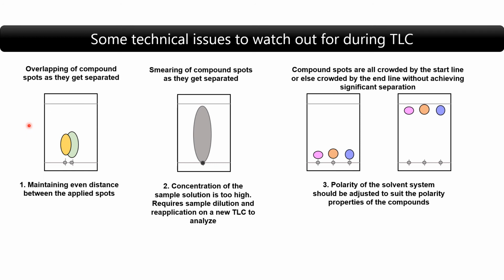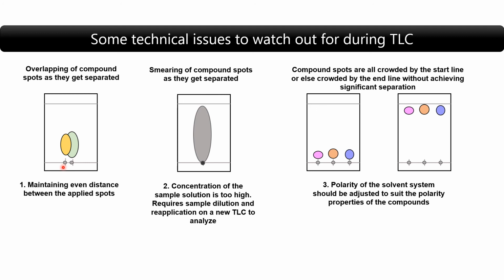Finally, I would like to discuss a few technical issues that you should be aware of when performing TLC experiments for this class. Sometimes you might observe that certain spots were all overlapped and smooshed together instead of separating as independent spots. And this would usually be because the spots on the start line were spotted too close to each other.